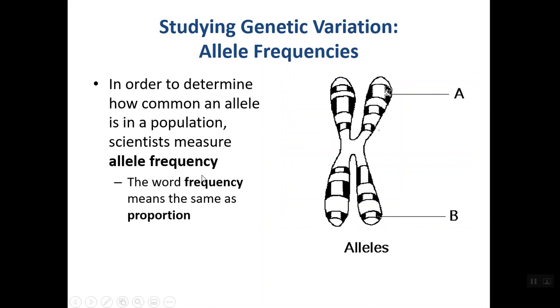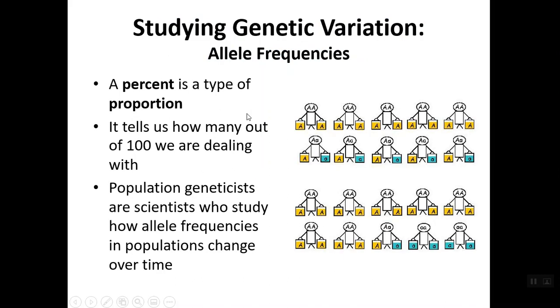So when we talk about allele frequency, frequency is a fraction or is a percentage. They're all the same thing. In other words, you can say, for instance, the allele for white flower is represented 1/4, that would be a fraction, or it is present 25%, which again is just a different way to express the fraction 1/4.